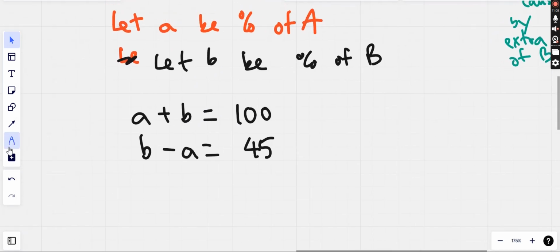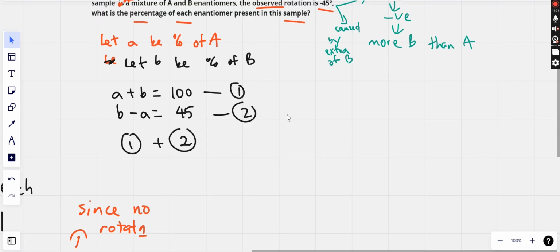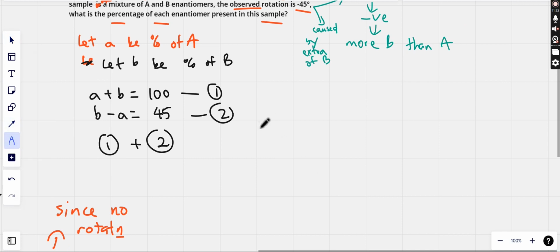Okay, so now we can solve for the equation. You add both of them up. Let's go here instead. So A plus B, you get 2B equal to 145, B equal to 72.5.